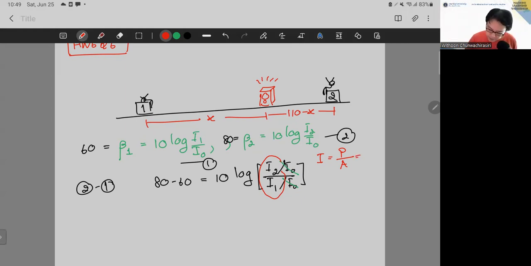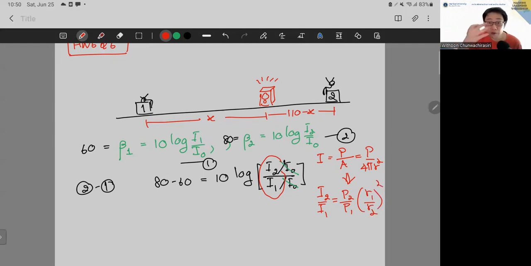So intensity is P over 4 pi R squared. We already did this one as well. If you want the ratio between two intensities, you take the ratio of each term: P2 over P1 times R1 over R2 squared. Do you follow this one?